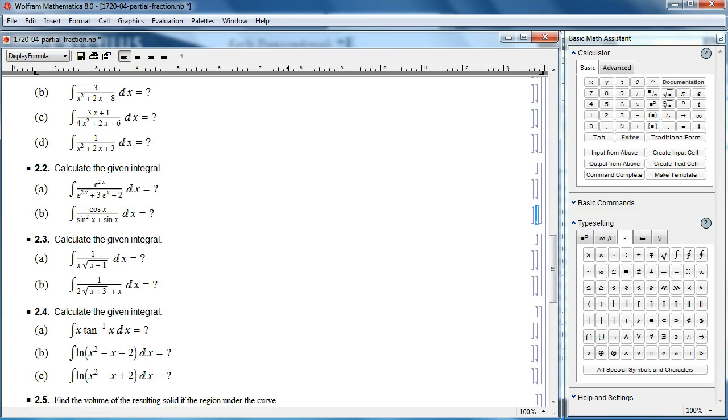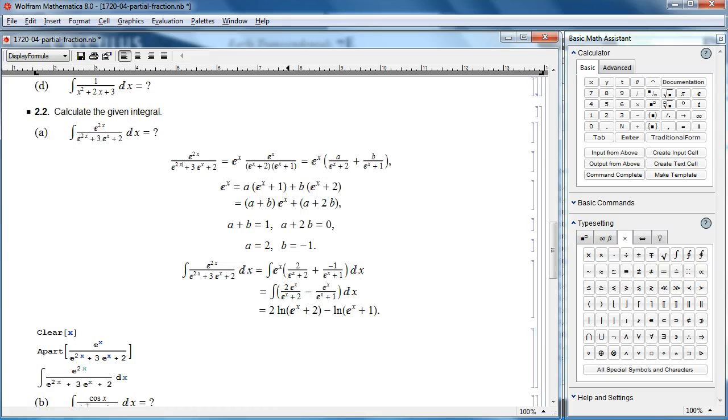How about this one? Again, by partial fraction using e to the x and e to the x squared, kind of like this, e to the x squared, so the denominator can be factored like this, and then you can use decomposition by partial fraction.